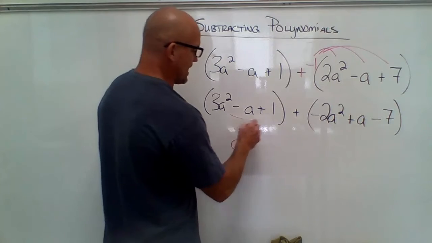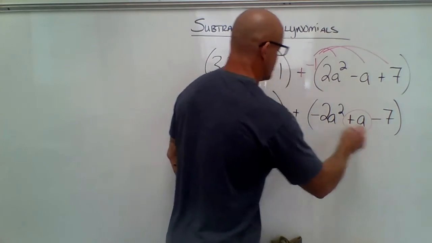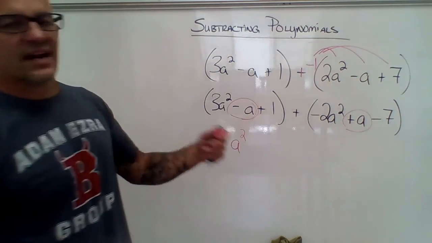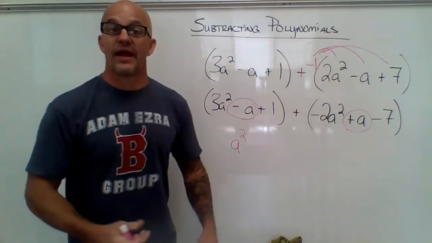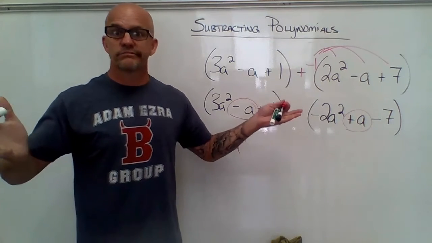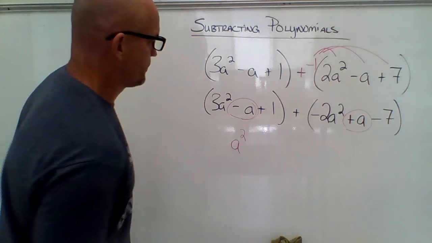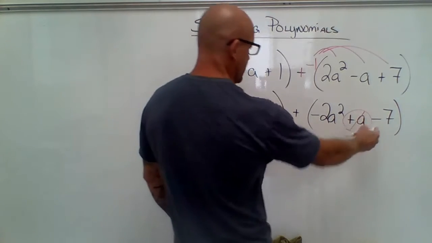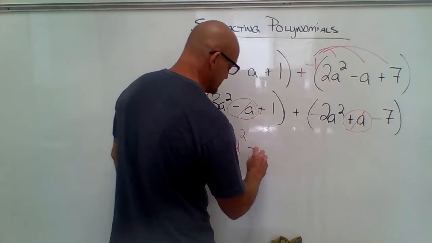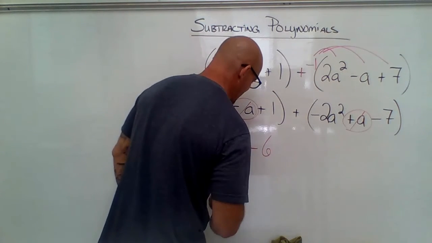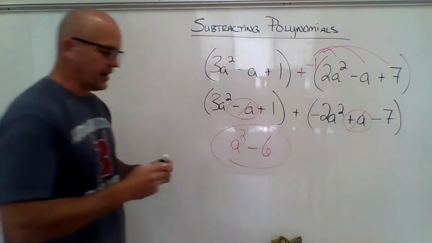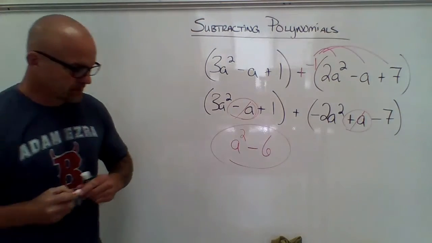Then I have this opposite of a and this positive a here. Of course, that's -1a and positive 1a. When I combine them, guess what? Gone. 0. They disappear. Then I have a positive 1 plus a -7. That gives me a -6. And I'm left with this quadratic binomial of a squared minus 6.